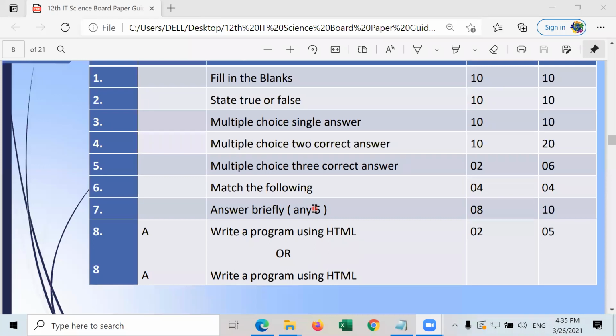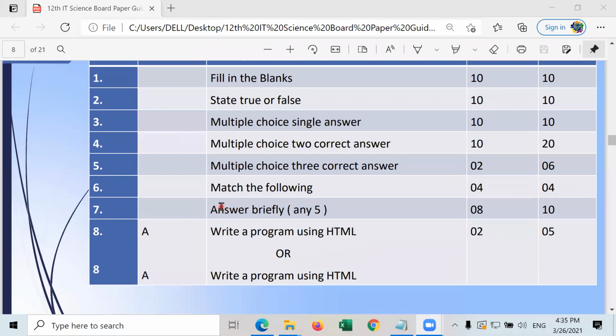Then you can write types of e-commerce. You can explain what is EDI. You can define or write the trade cycle which is involved in e-commerce. So you have to write at least 4 to 5 points for the question given in question number 7.